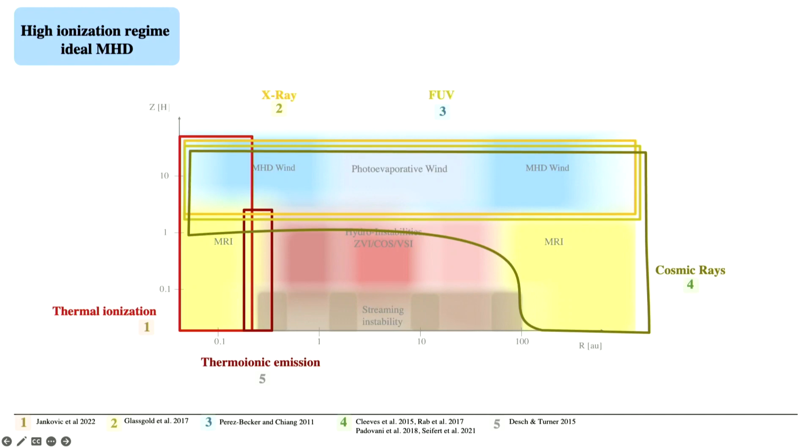But most importantly, you have the X-rays and the FUV in the upper layers. And obviously, the cosmic rays do a very special job. They can, on one hand, penetrate much deeper than the others, but they can also get shielded by the magnetic fields. So we have to be careful. It can be very dynamical. But eventually, you need this ionization for the MHD to operate. Therefore, it's really of big importance.